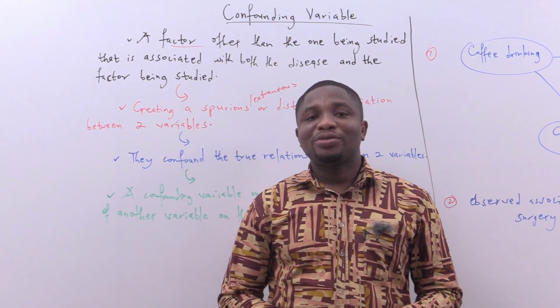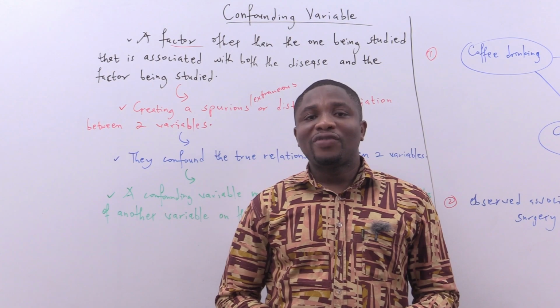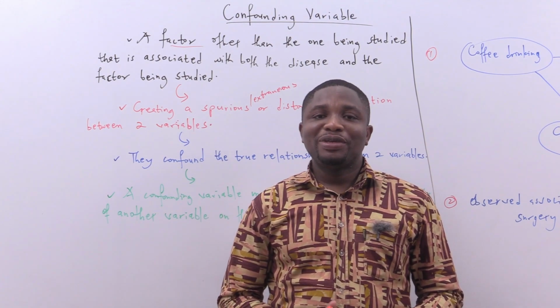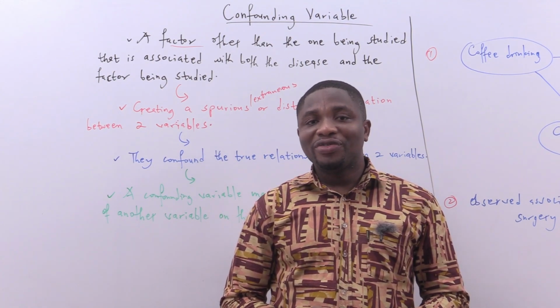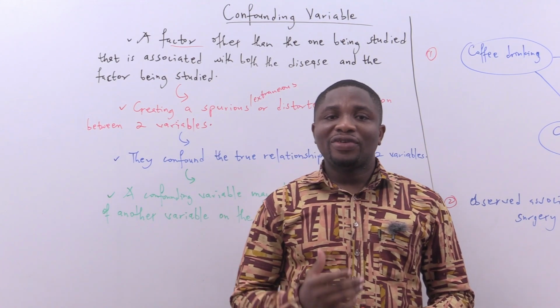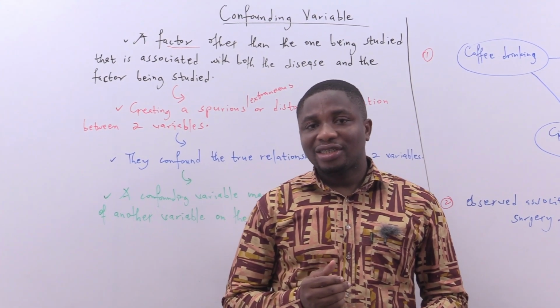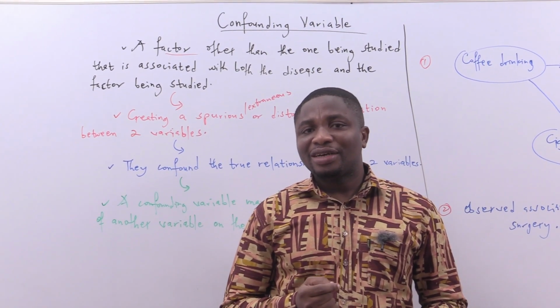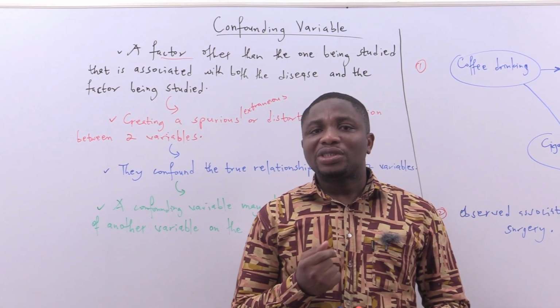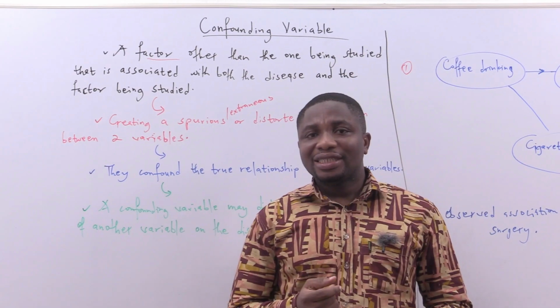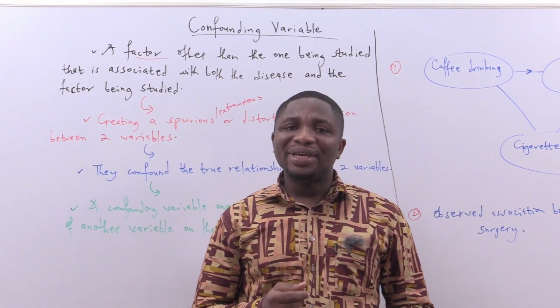In today's tutorial, we shall be looking at a confounding variable. Let's begin by looking at what a confounding variable is. Simply put, it refers to a factor other than the factor being studied that is associated with a disease and the factor being studied.